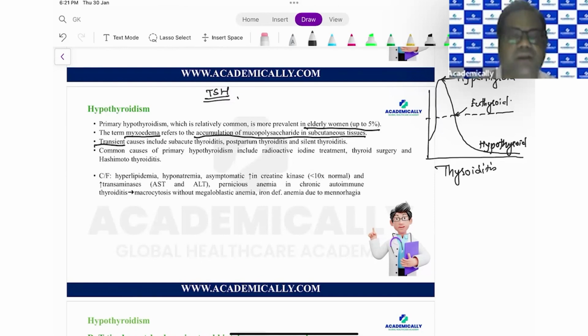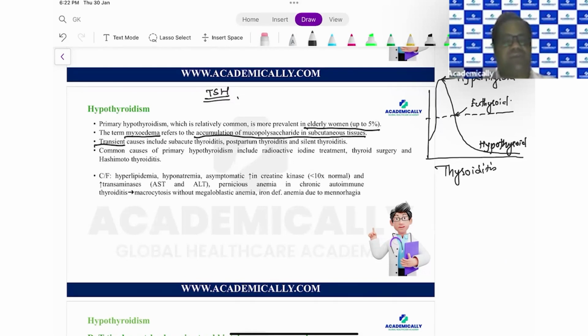Why does that happen? Because thyroiditis, as the name suggests, is inflammation. Because of the inflammation, there is destruction of the thyroid tissue, and as a result, whatever thyroglobulin had accumulated starts pouring into the blood. And so hyperthyroidism happens. Because the thyroid gland is being destroyed, new thyroid hormone production does not take place.